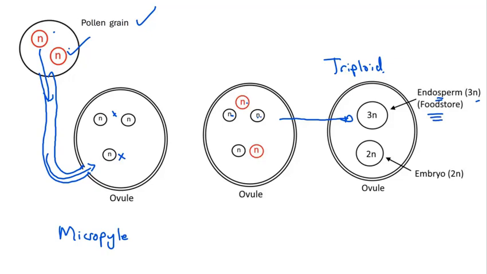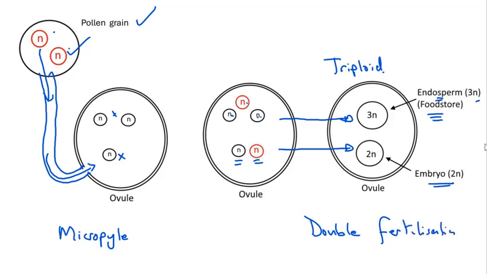The other male nucleus will join with this single ovule nucleus here like so, and that fertilization is going to give rise to what we would recognize as being the embryo, the new plant. So we actually have in plants what is called a double fertilization.